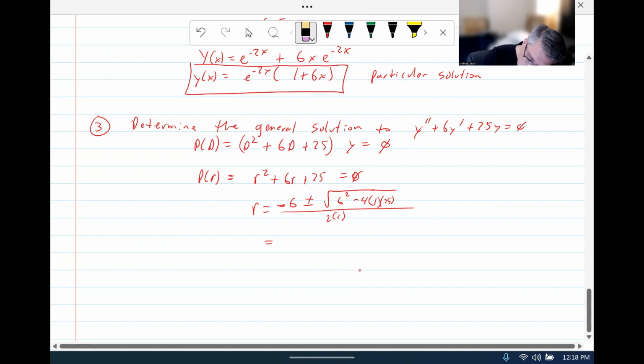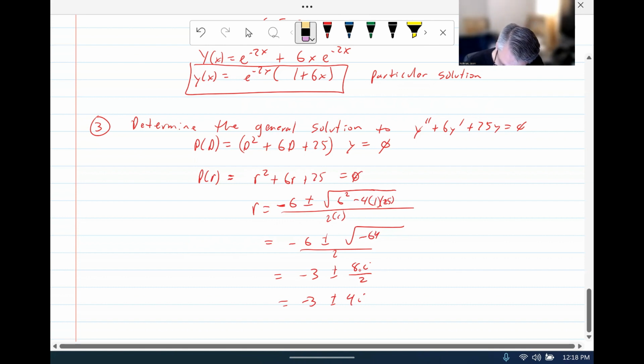So this is equal to negative 6 plus or minus the square root. This is going to be 36 minus 100. So that's negative 64 over 2. So this is negative 3 plus or minus 8i over 2, which is 4i. So this is negative 3 plus or minus 4i.